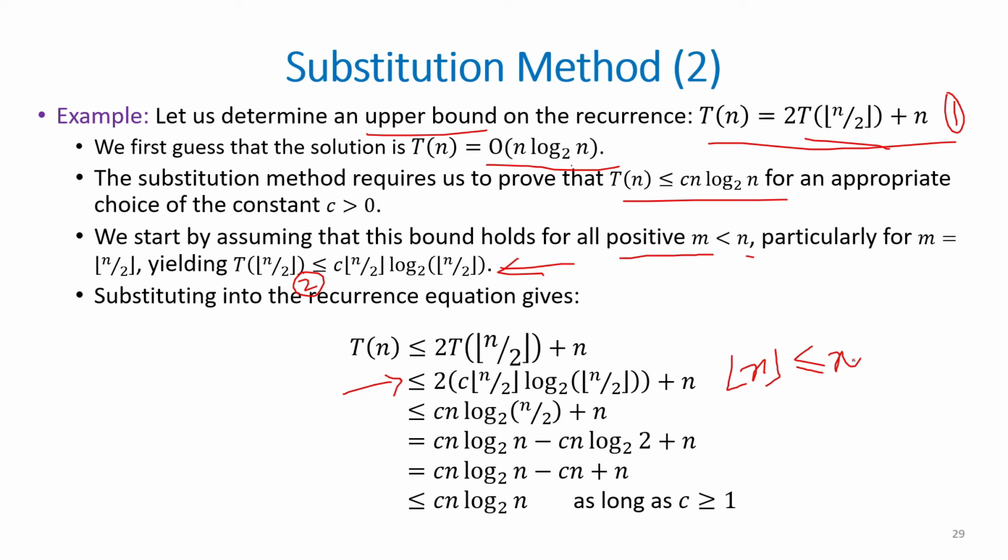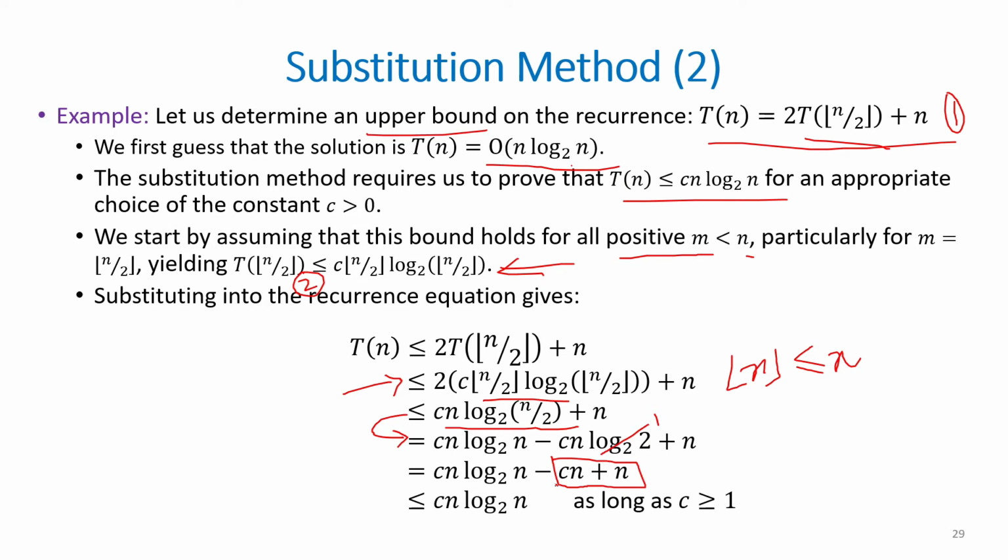Using this property, we can show that this is greater than or equal to this by removing the floor operator. Further expanding this would give us this equation, and since log base 2 of 2 is equal to 1, this simplifies to cn plus n.